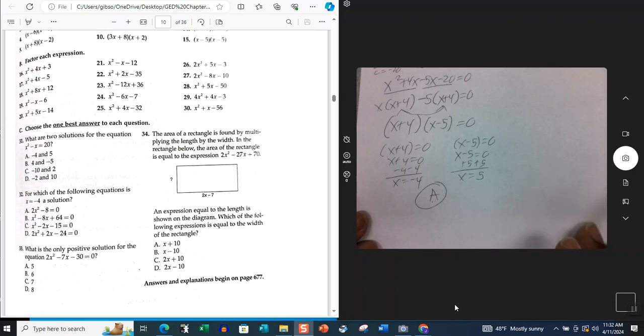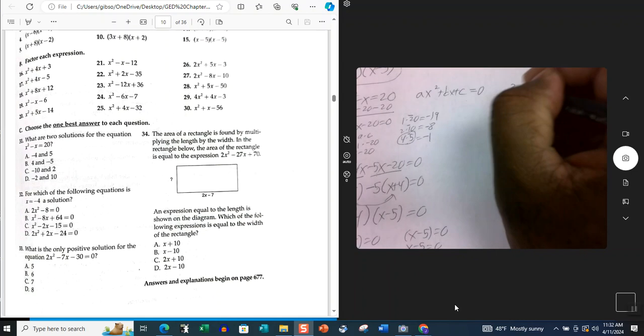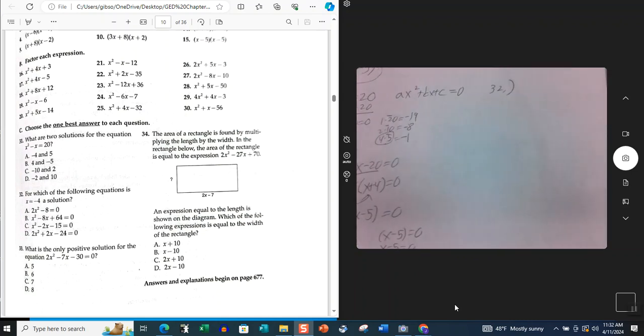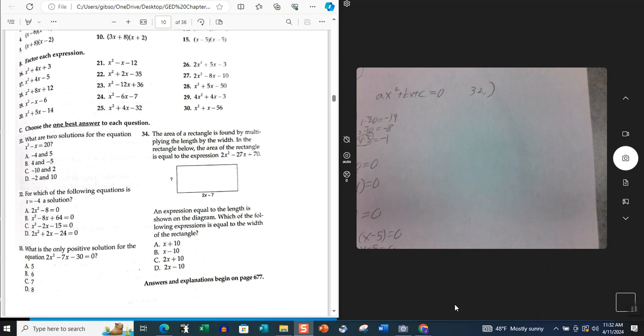Now we go here to B. For problem 32, it says for which of the following equations is x equals negative 4 a solution? So what you're supposed to do is substitute in negative 4 for x and then solve. Since you all know how to substitute, I'm not going to take you through every problem.